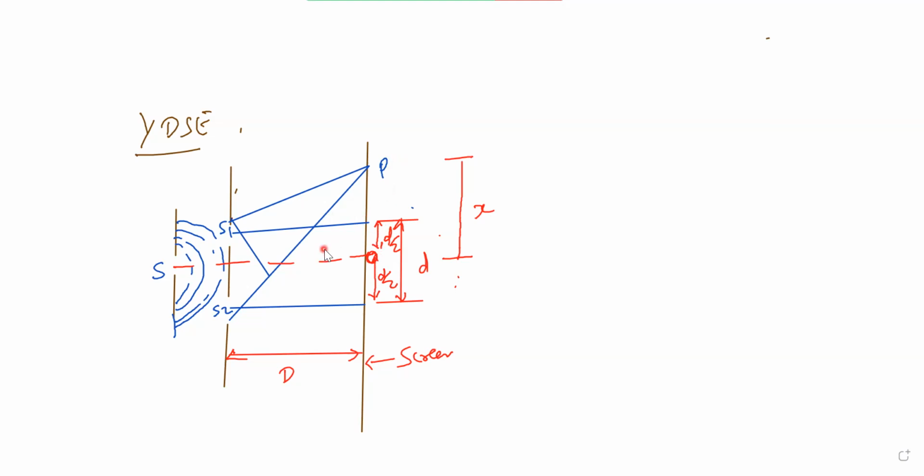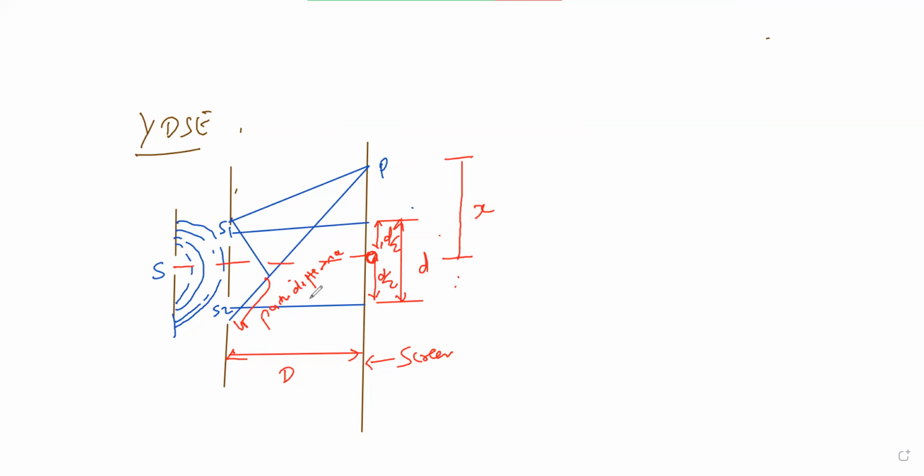Now, what is path difference? What do you mean by path difference? For example, let there be two waves, one going from S1 and another going from S2. The extra path traveled by the wave from S2 is known as path difference. This is the path difference.